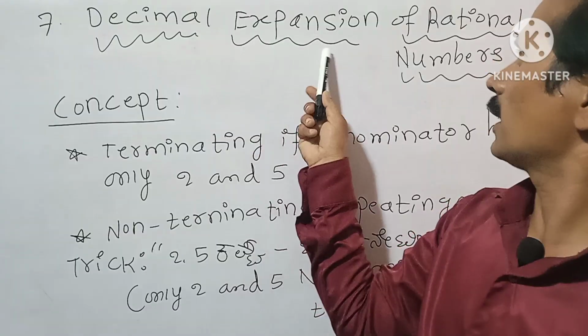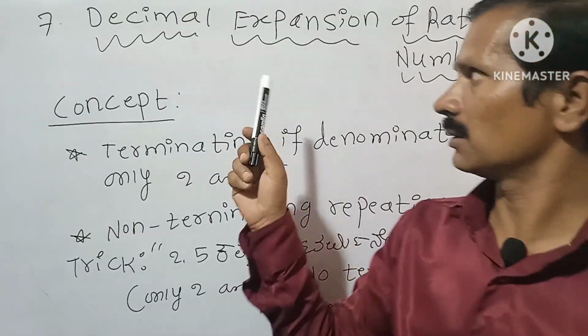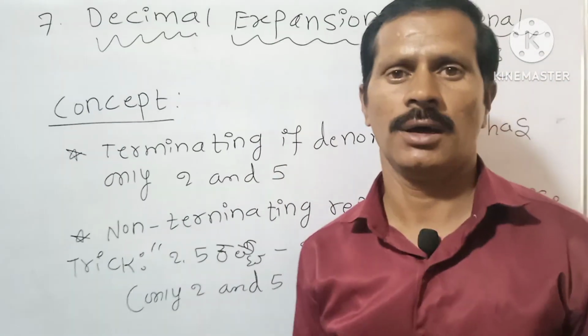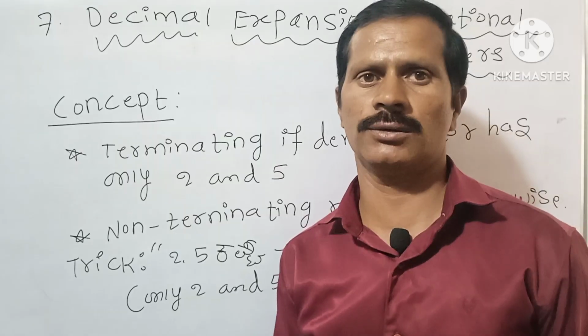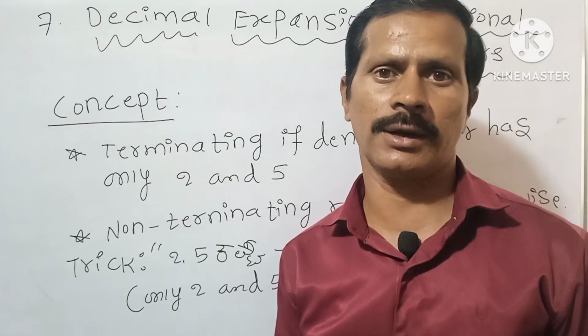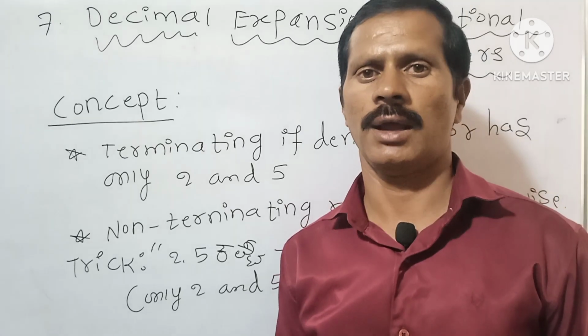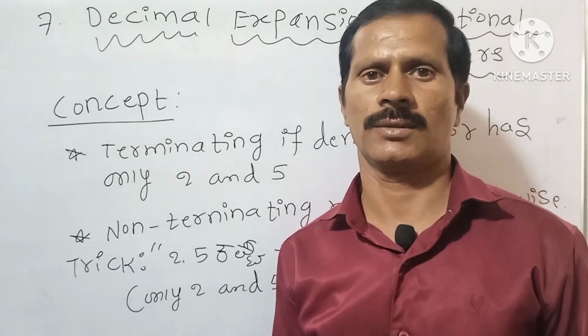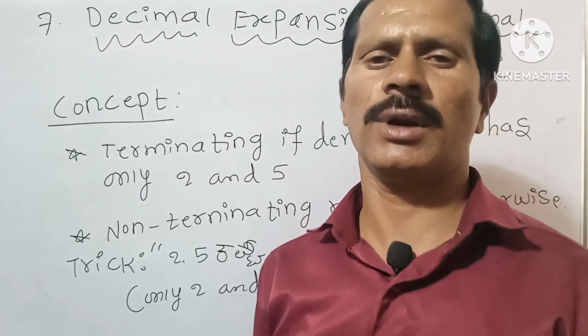Next point, decimal expansion of rational numbers. How to find out whether it is terminating or non-terminating repeating? Is there any trick? Yes, one of the most important tricks is there.